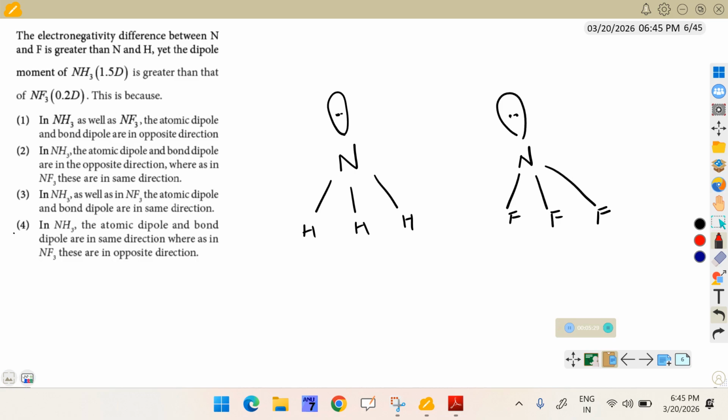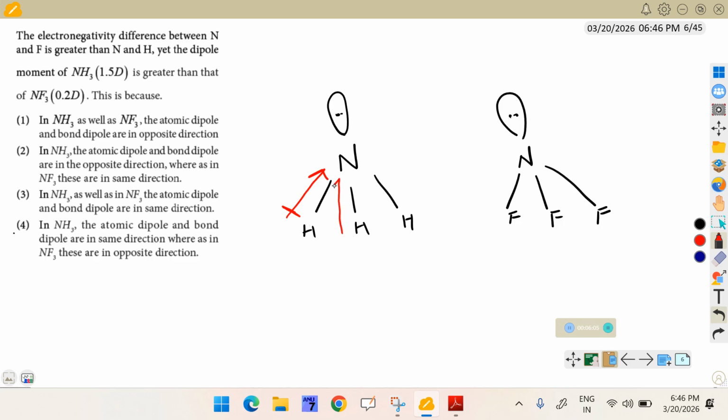The electronegativity difference between N and F is greater than nitrogen and hydrogen, yet the dipole moment of NH3, 1.5 D, is greater than that of NF3, 0.2 D. This is because when we break the bond, electrons always move towards the more electronegative element side.